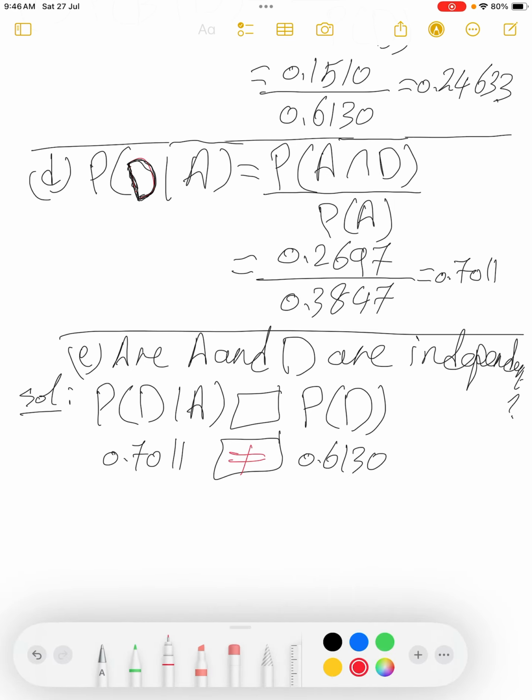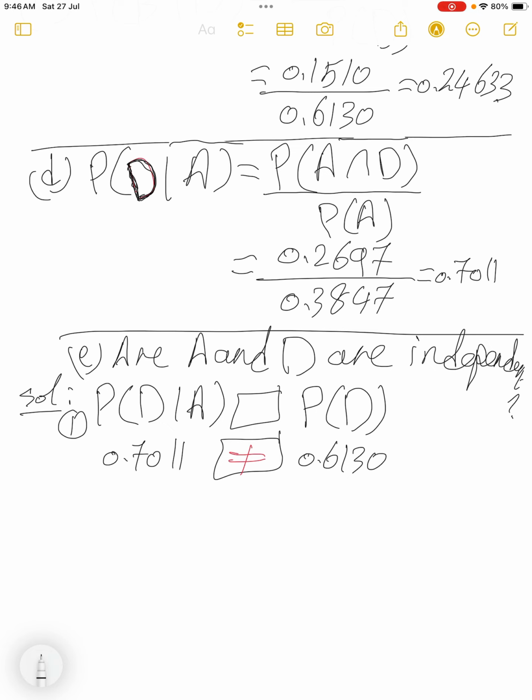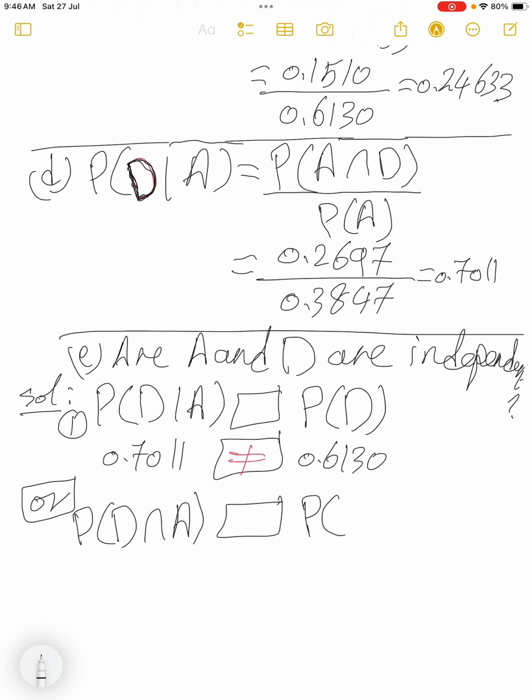But you can make another test: is the probability of D intersection A equal to the probability of D multiplied by the probability of A? But don't do it, you need to test only one. If it is not correct, it is dependent. But I show you many ways in order to choose.